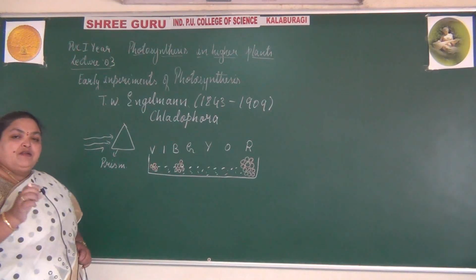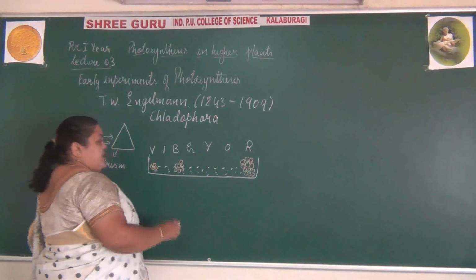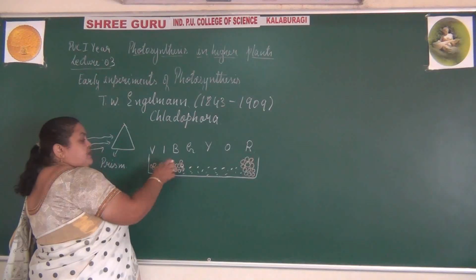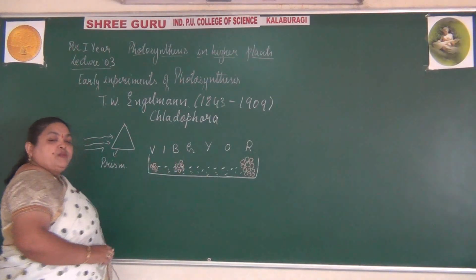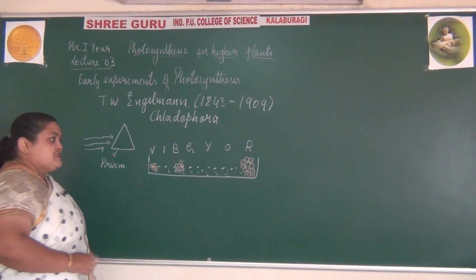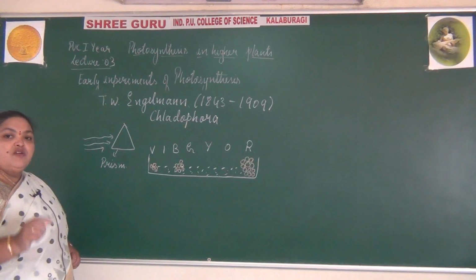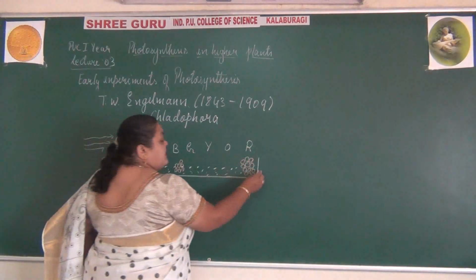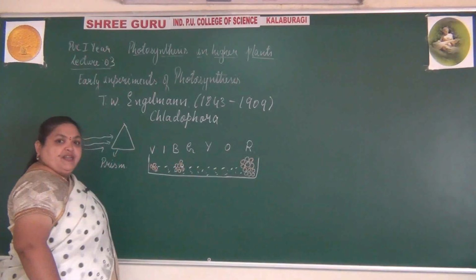Why? Then he tried to understand why in these particular regions of light there was accumulation of bacteria. The bacteria responded to the release of oxygen, which indicates that the more oxygen, the more bacteria.